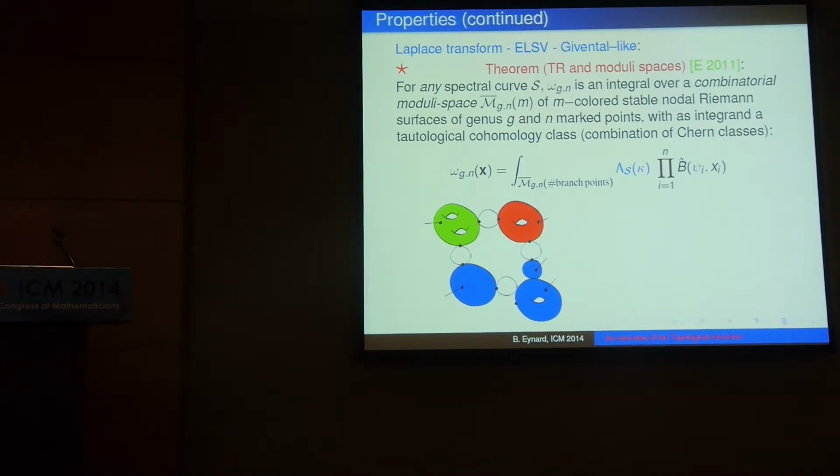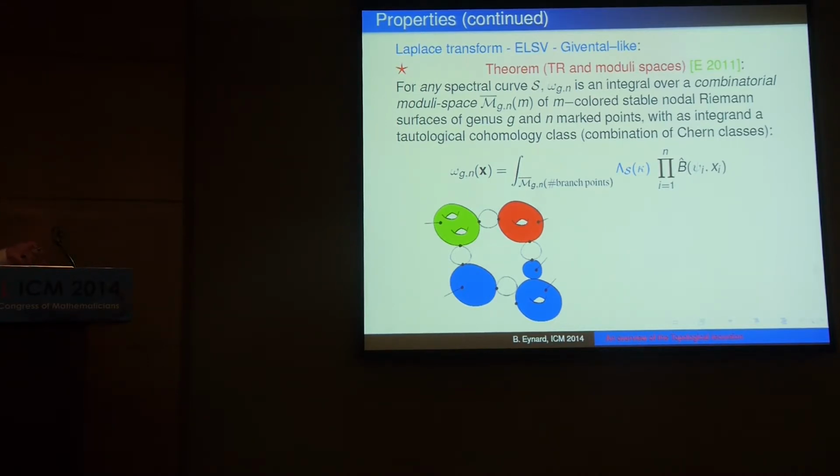And in fact, the true definition of this integral over this M g n should be a sum over graphs of some integrals in the standard M g n, so the standard moduli space of Riemann surfaces. But it would take more space to write, so I prefer to write it this way.